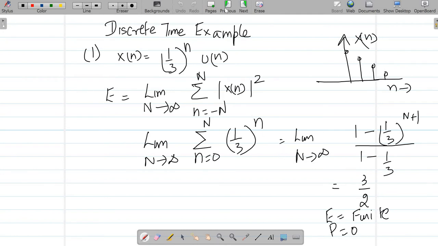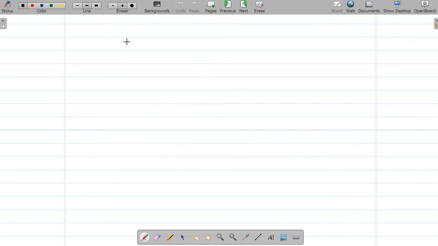We'll take up the next problem. Let us take a case where x of n is equal to e to the power of j times (pi by 2 times n plus pi by 8).